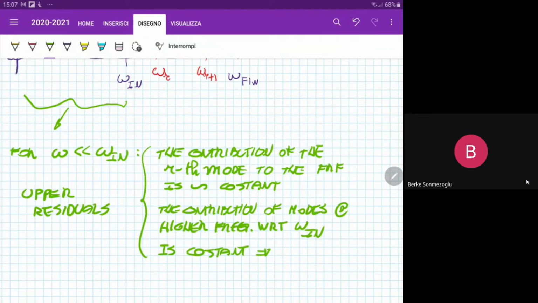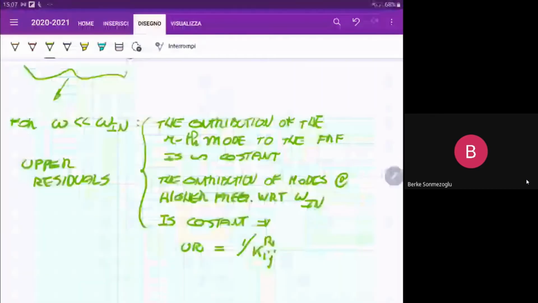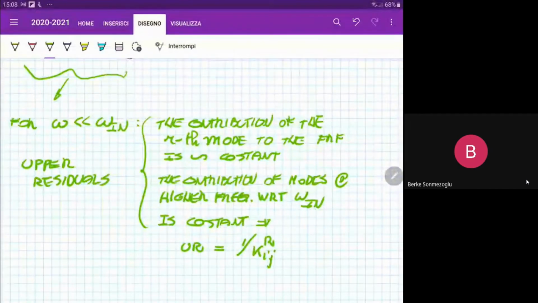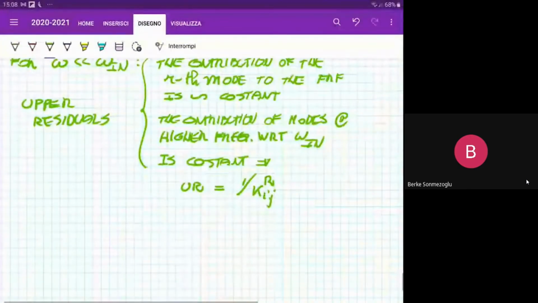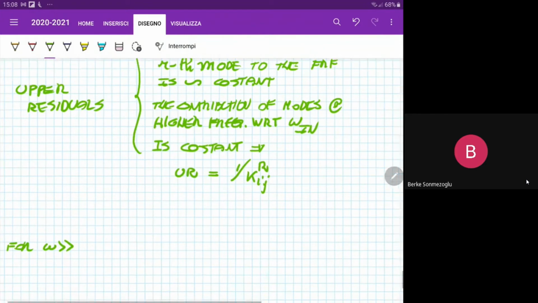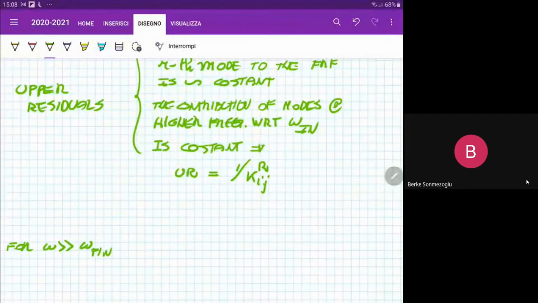And this contribution of the upper residual is of the shape 1 over K_ij, that is your flexibility that we already discussed, for frequencies that are larger than what I call omega final, that is telling you your frequency range of interest.